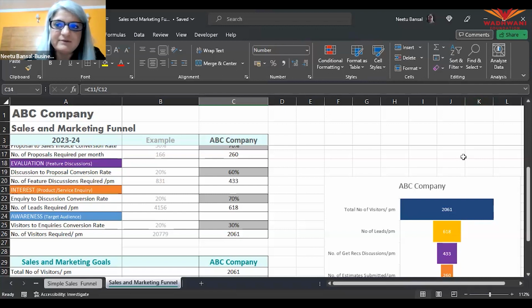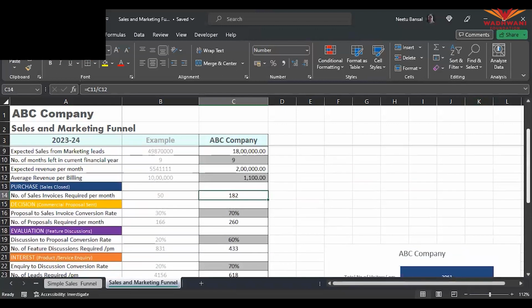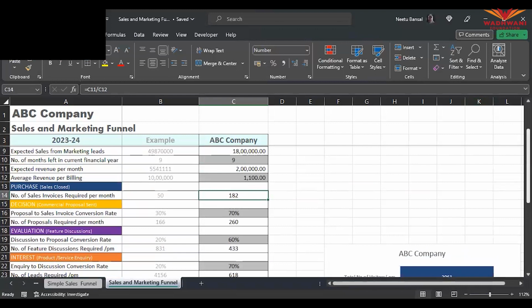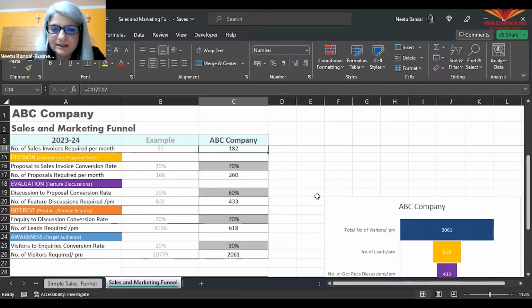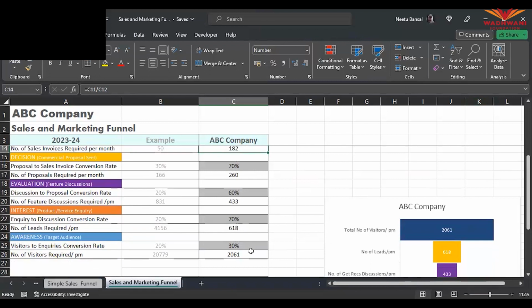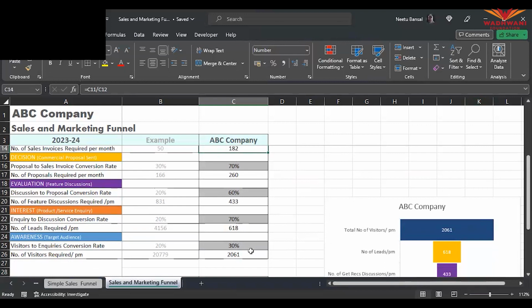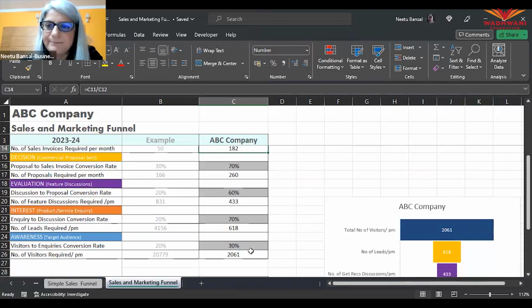Now these are assumptions because you don't have a single customer. So that is why this becomes powerful, because you are doing this monthly. You are assuming that these are the conversion rates. So you can have one funnel which is your projected funnel, and then another funnel which is your actual funnel, and see what the actual gap is.